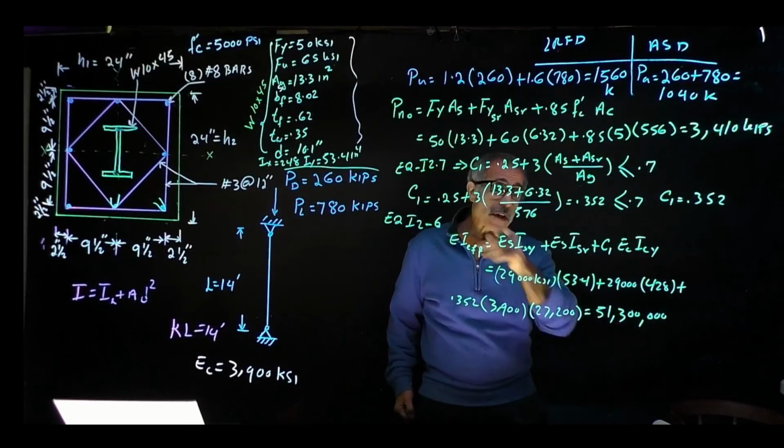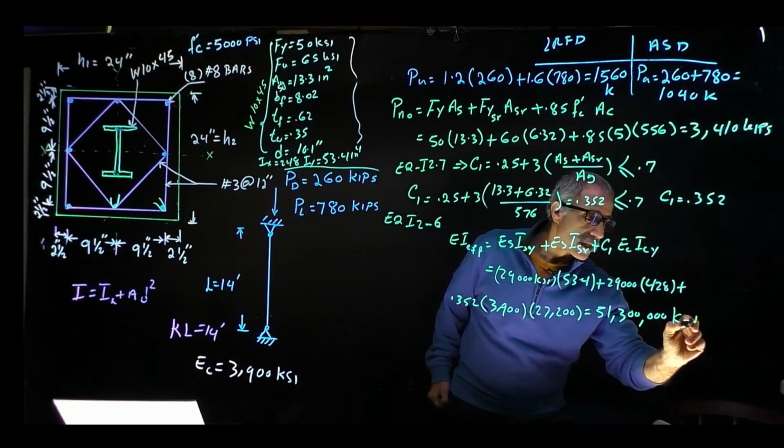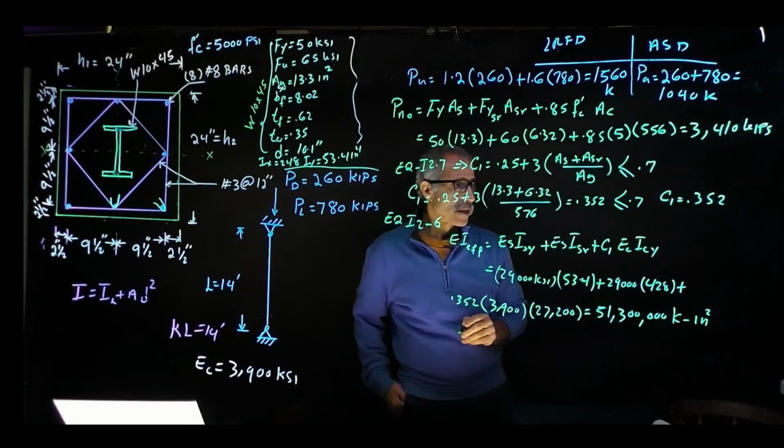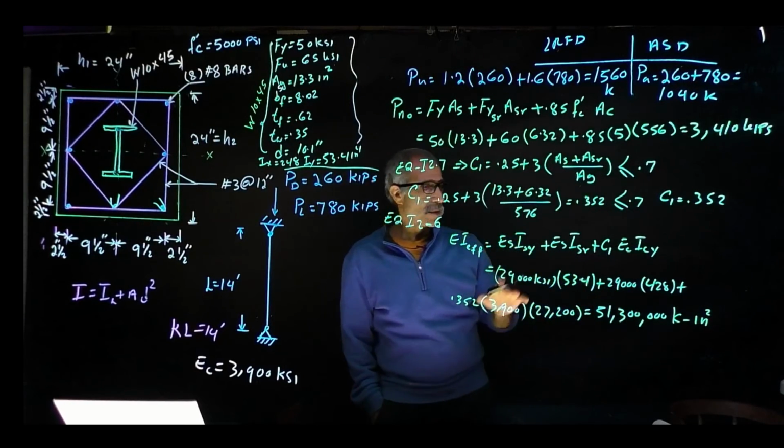The unit for that is kip inch square, not per inch square, kip inch square.